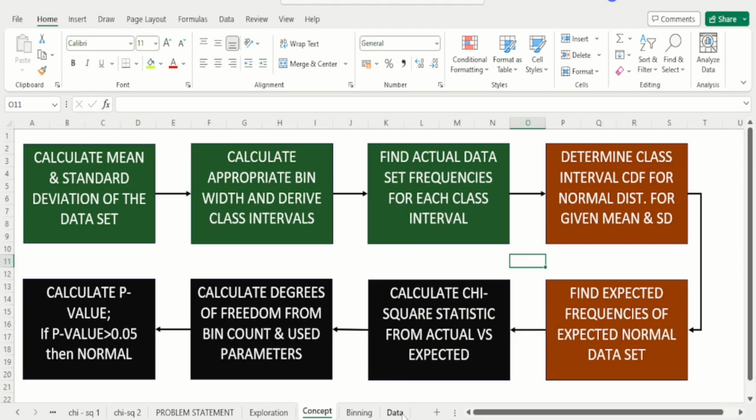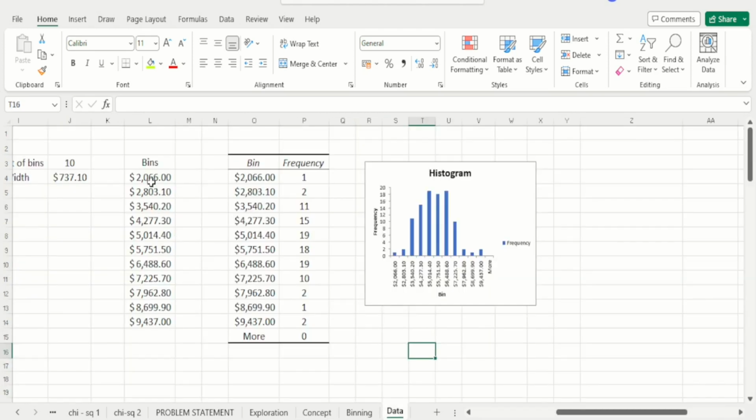That's what this step is. We've now determined the class intervals, the bins right here, and using the Data Analysis Pack option for the histogram, we also have the frequency for each of them. As you can see, it adds up to 100, which is the expectation, because we have 100 data points.